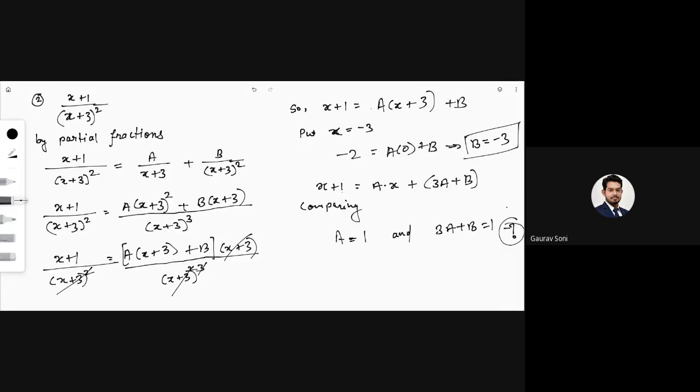So simply by comparing, I am getting the value of a in this case, right?